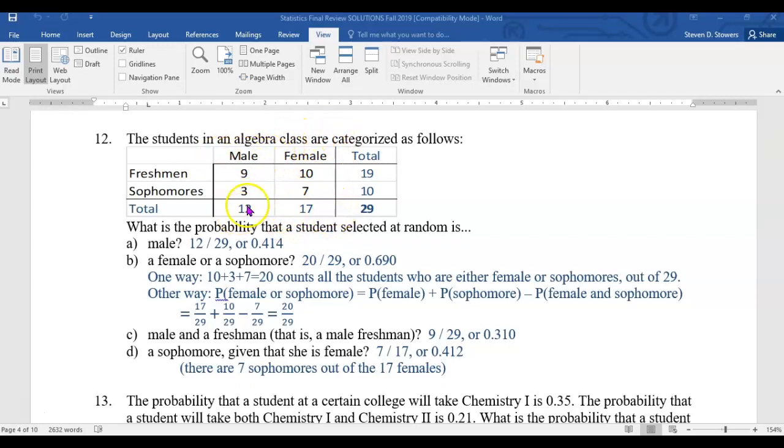So we don't care about the males. We know that the student is a female, so we know that they're one of these 17. So out of those, the probability that the student is a sophomore, given that she's female, is 7 out of those 17. 7/17 or 0.412.